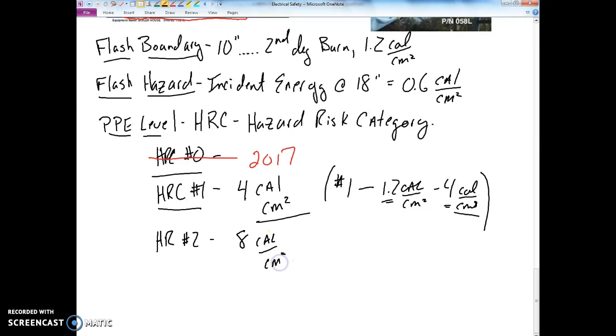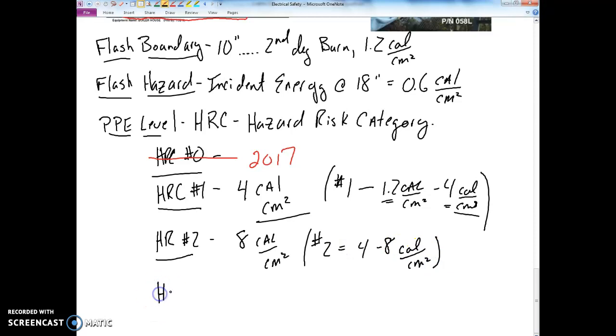So when we're doing studies, if the incident energy gets above 4 calories per square centimeter at 18 inches, then we go to hazard risk category 2, which in my mind really means 4 to 8 calories per square centimeter.